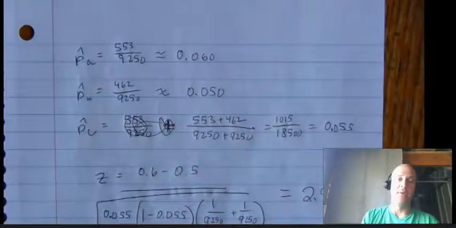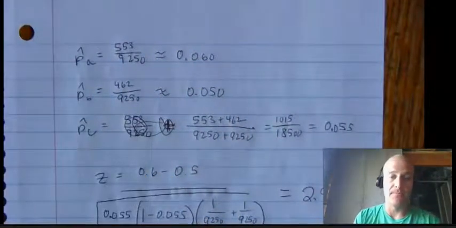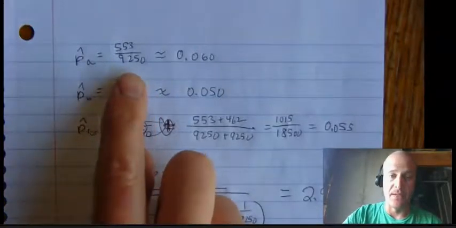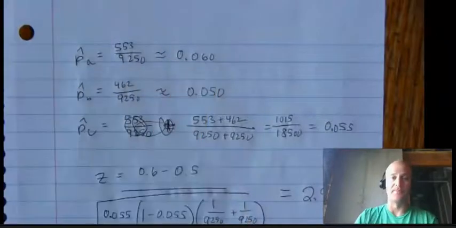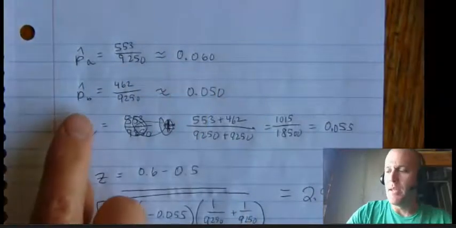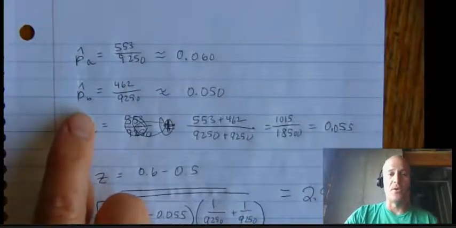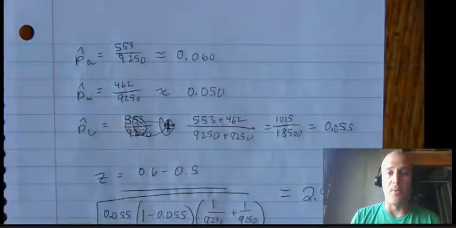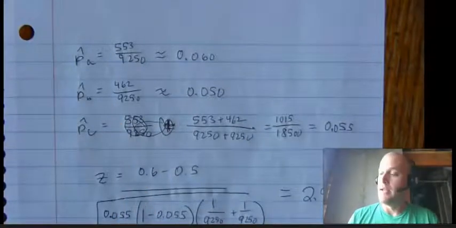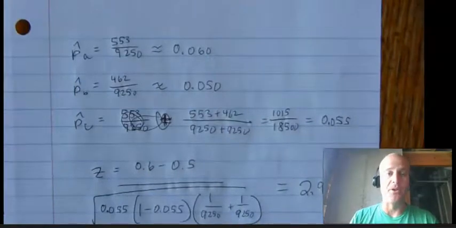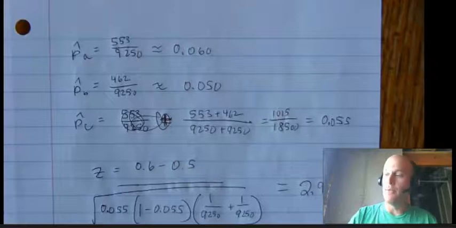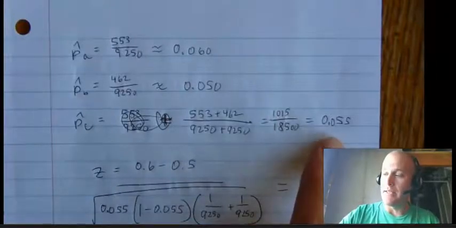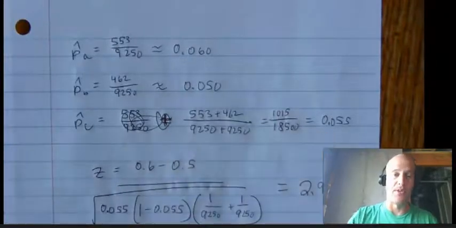So our P hat was 553 people out of 9,250, so that's about 6%. And then the probability of a stroke in Group B was about 0.05. And then with a test, we're allowed to combine those 2 proportions in somewhat of a pooled ratio. So our P hat C is going to be 5.5%.